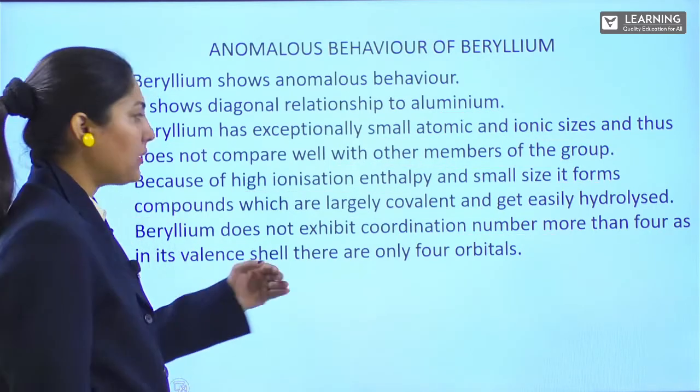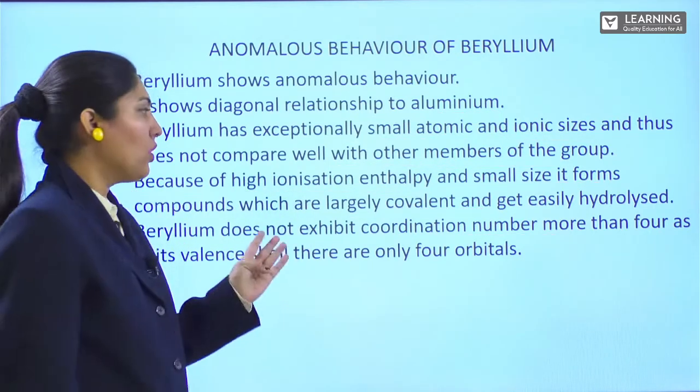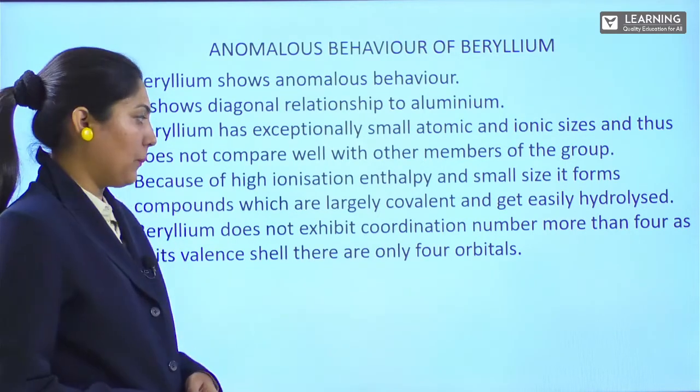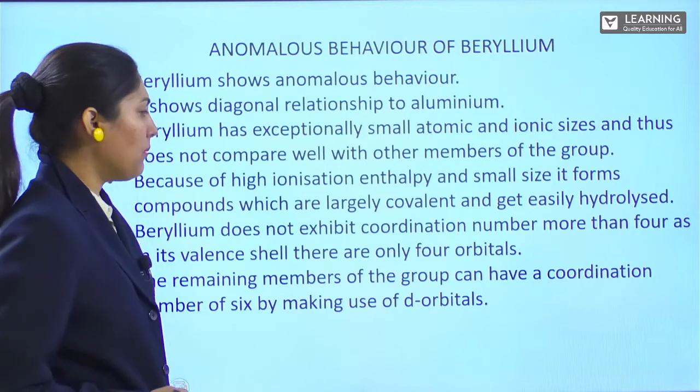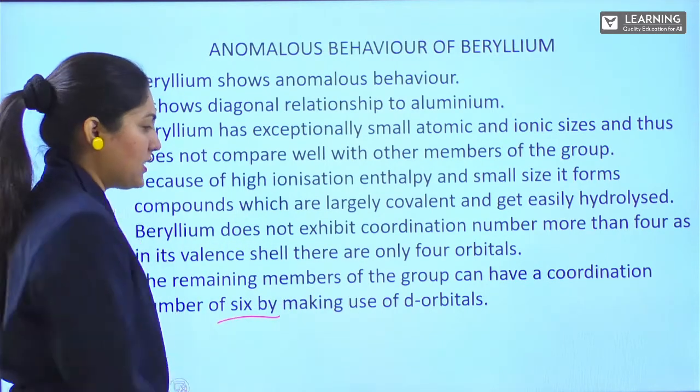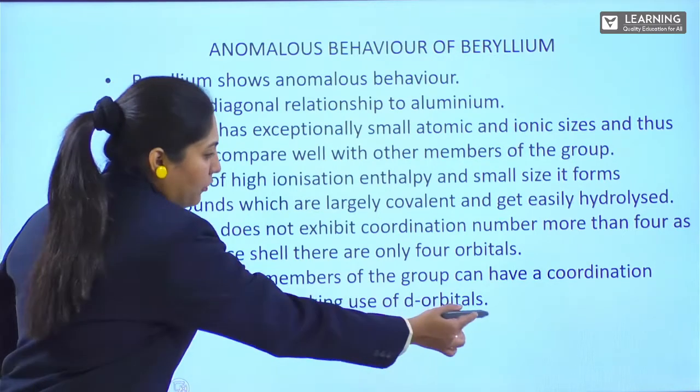So beryllium cannot form more than 4 valency or coordination number. The remaining members of the group can have a coordination number of 6, making use of d orbitals.